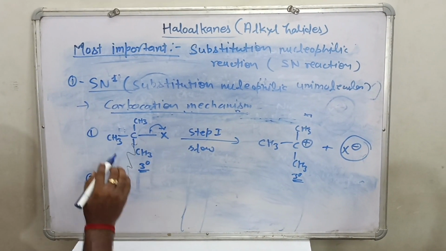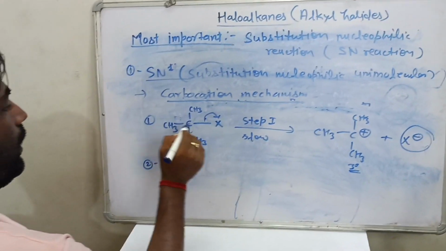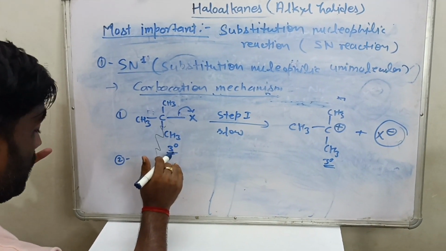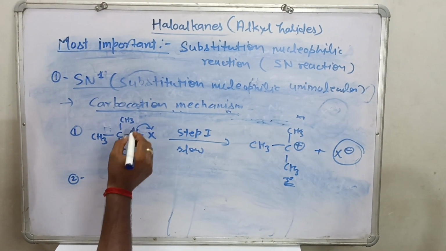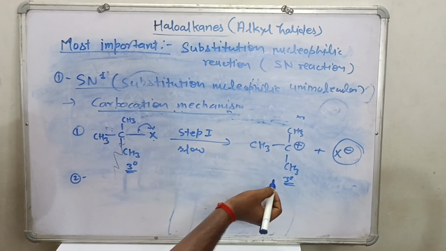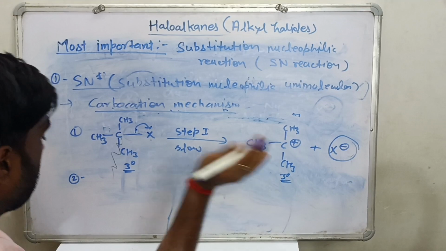That is a tertiary haloalkane. In the first step, the tertiary alkyl halide, or tertiary haloalkane, goes through dissociation, and the breaking of the C-X bond takes place, leading to the formation of a tertiary carbocation.